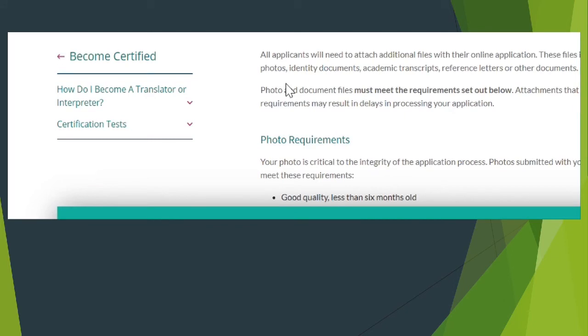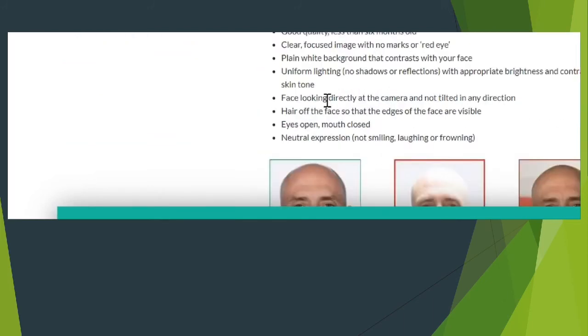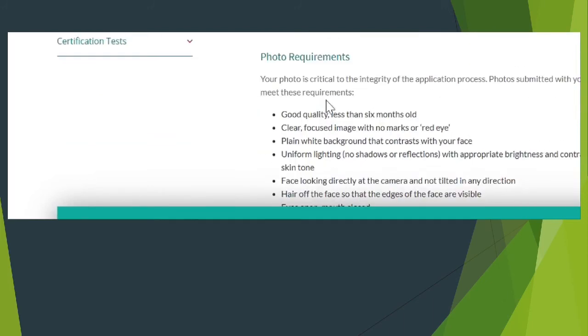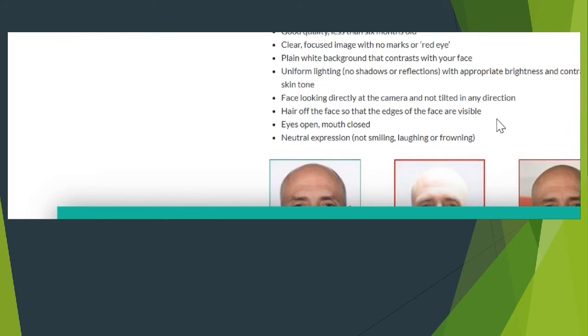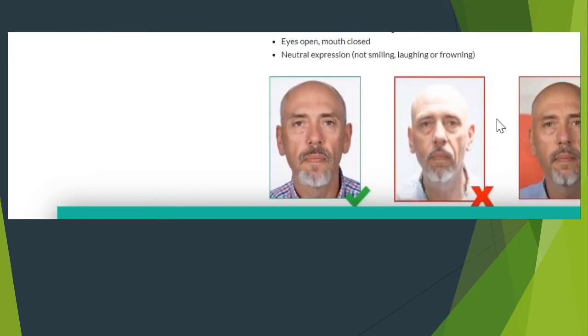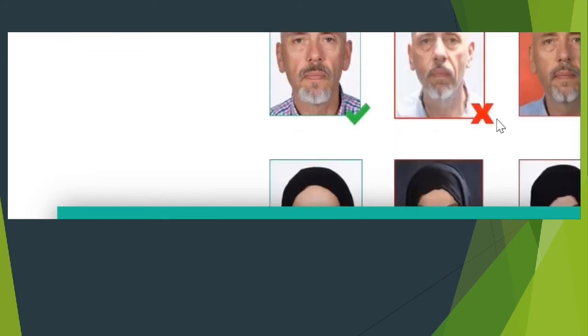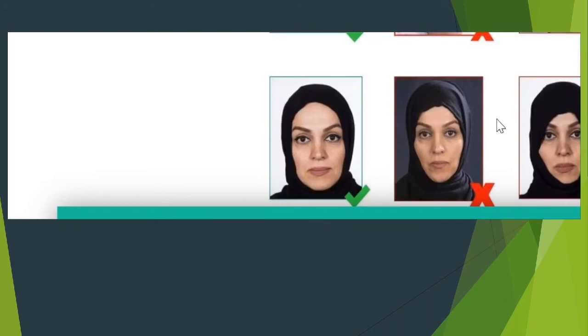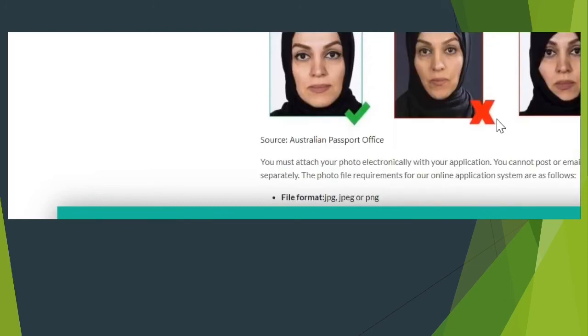So your face should look directly at the camera. Your hair off the face. Your eyes should be open and mouth closed. You need to maintain a neutral expression. So you need to follow all these to meet all these criteria.